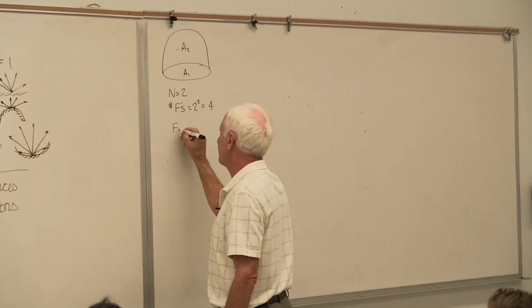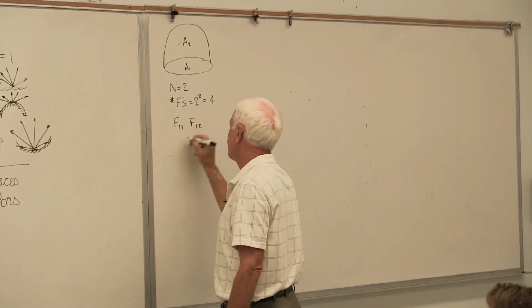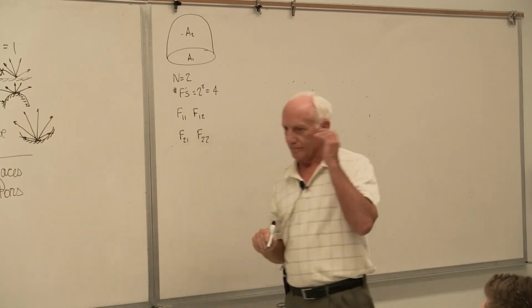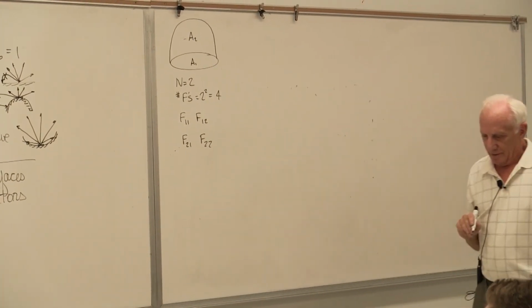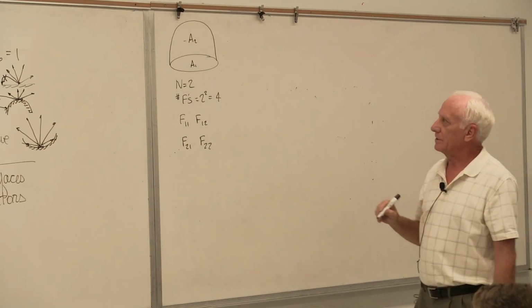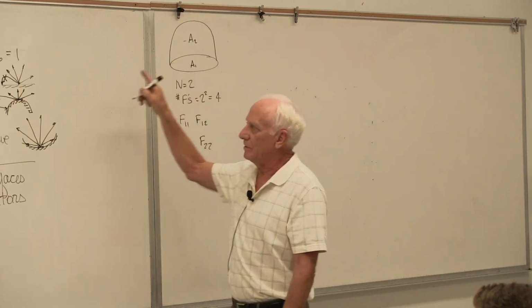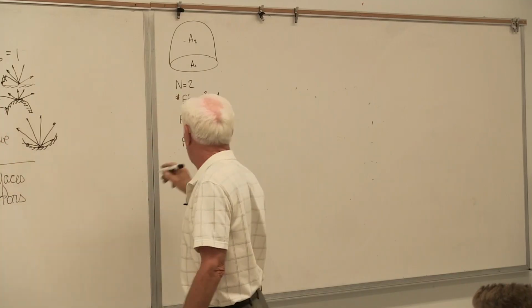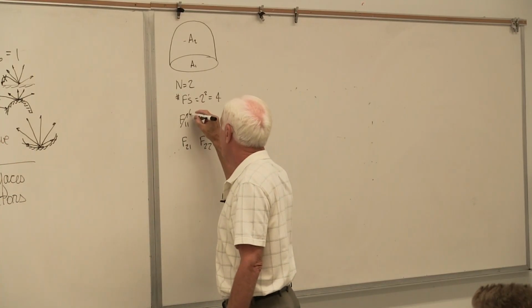Here they are. Find them all. Okay, take the easy one first. I think surface A1 is a plane surface. Yes, it is. Therefore, F11 is 0 automatically. Got it.